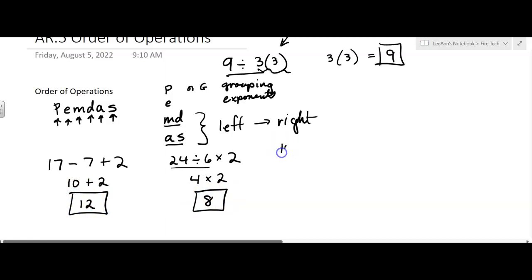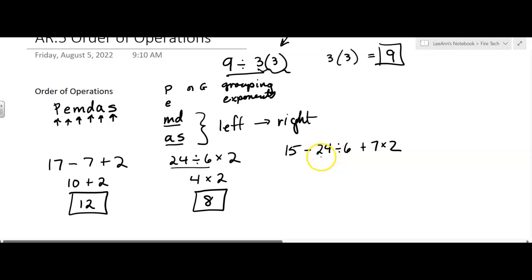Let's say we have 15 times, oh, no, sorry, I wrote it wrong. I like to have my problems ahead of time. 15 minus 24 divided by 6 plus 7 times 2. So this one's a little bit longer. I don't have any parentheses or exponents, but I do have multiplication and division.